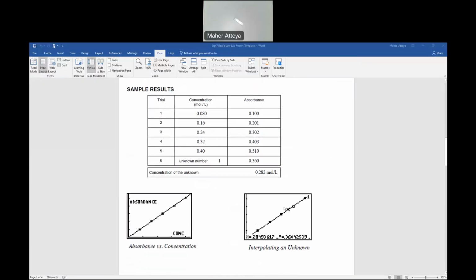I give you a sample here from the manufacturer of the company. Here is the concentration, as you can see, and the concentration is going up.